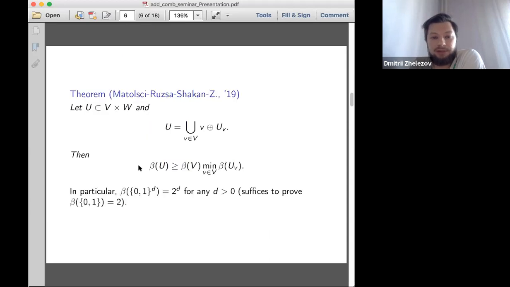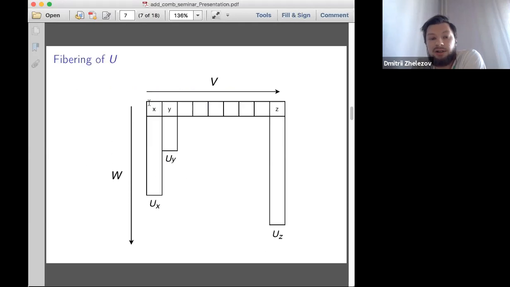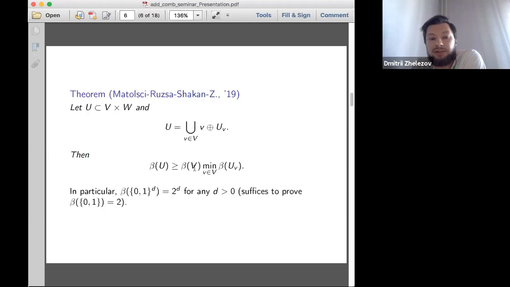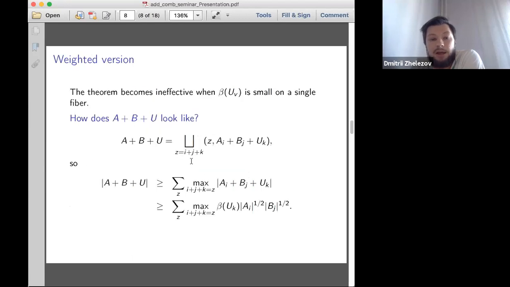This already gives us something, but the main problem with the theorem is that it's pretty much ineffective in the case when we have some slice, like in here, which, for example, has a small or tiny beta. In this case, it very quickly gives us a rather trivial result, because we need this minimum to be large in order to get decent results.